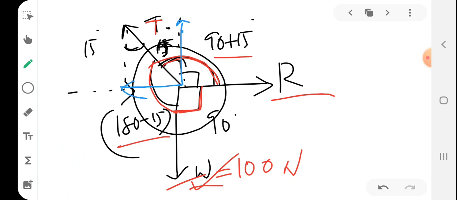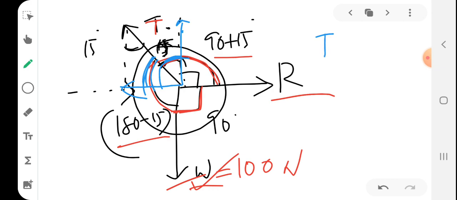Since this angle is 15 and this total angle is 90, this particular angle will be 90 minus 15.